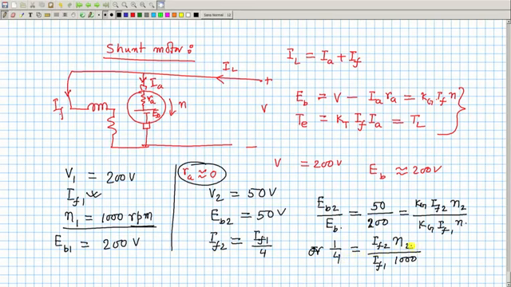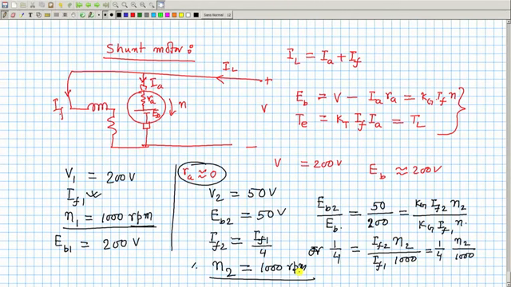But IF2 by IF1 is also 1 by 4, so N2 by 1000 is 1. Therefore, the speed at which the machine will run is also 1000 rpm, the speed will not change. It is no surprise, because the field current is also reduced by a factor of 4.